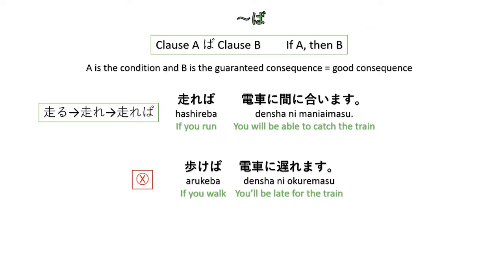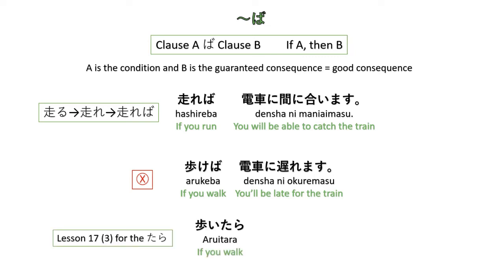So this is kind of odd because the consequence is negative. Instead, we can use arukitara: arukitara densha ni okuremasu. And this is acceptable because this is only conditional. Okay, again, for the ba clause, A is the condition and B is the good guaranteed consequence. Okay?